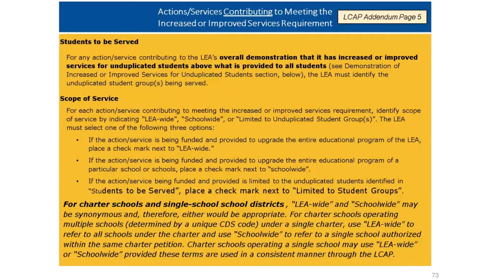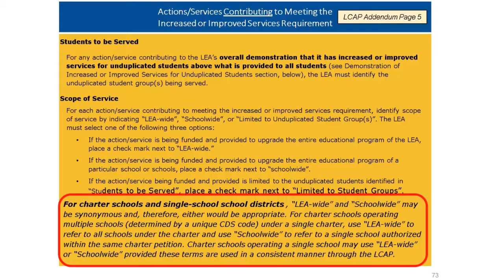For actions contributing to the increased or improved services requirement, you will identify the students to be served. However, this will include only students from one or more of the unduplicated pupil groups. In this case, you will identify the scope of services as limited to the unduplicated group or district or school-wide. As noted in the instructions, charter schools operating a single site may select either LEA-wide or school-wide.